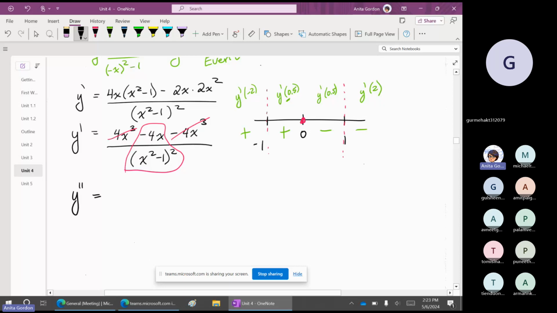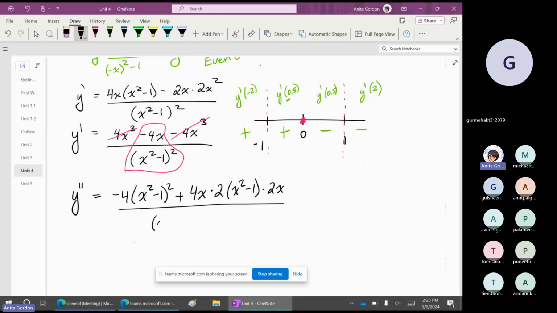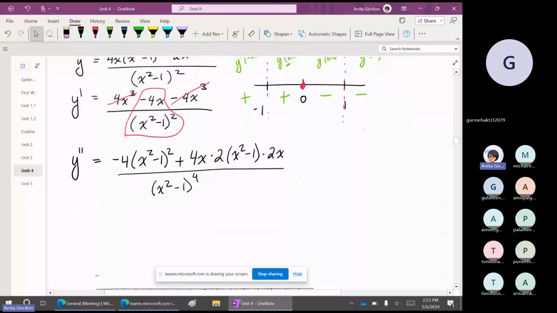Y double prime. Derivative of the top times the bottom unchanged plus the top times the derivative, 2x, all over x squared minus 1 to the power 4 now. This one's a little bit uglier.